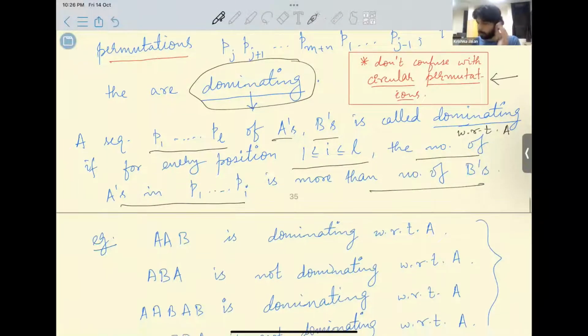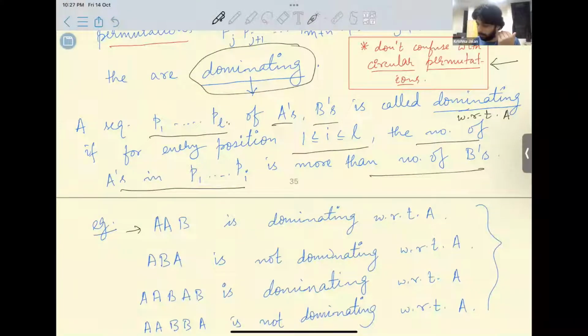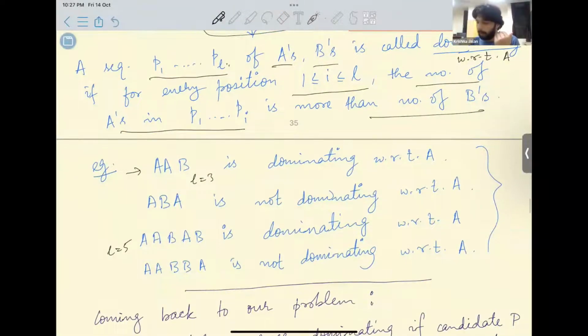Let's see some examples. This is an example of L equal to 3. This is an example of L equal to 5. AAB is an example of a dominating sequence with respect to A. Let's check why.